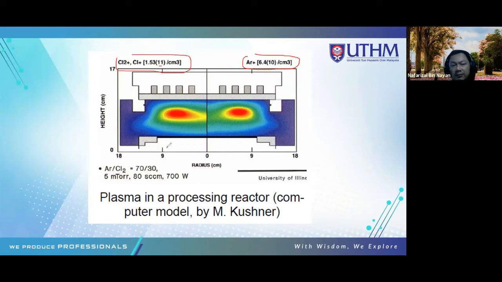This is the modeling. You can see the cross section of the plasma, with high density plasma at the center. And this is the coil, the ICP coil, for the plasma induction. So this is a type of ICP plasma.